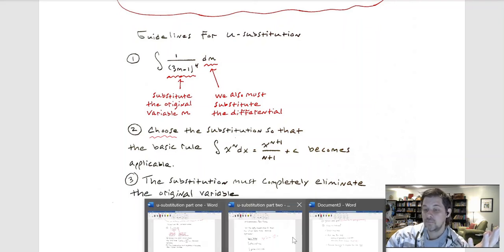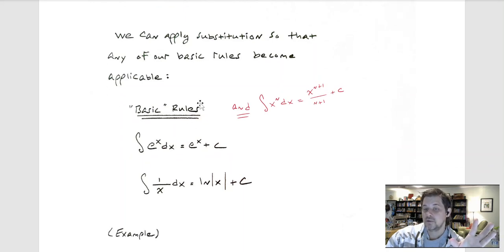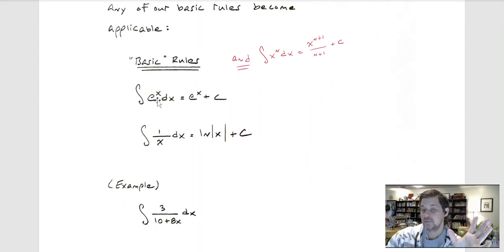Now, we have other basic rules than the ones I've already talked about. Here are a few of our basic rules in addition to the one that I've discussed in the other video. Here's the type of problem and the rule that I've discussed so far. But there are these two also. The antiderivative of e to the x is e to the x plus c.